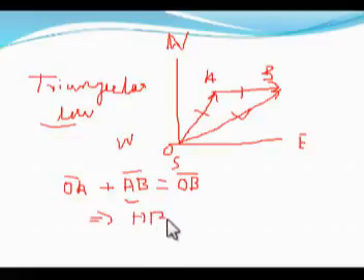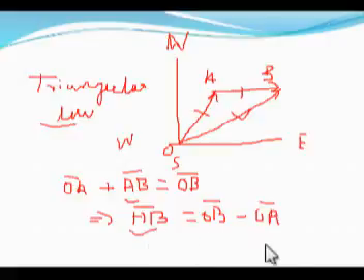So AB vector can be represented by OB vector minus OA vector. I hope you understood how a vector can be represented by its position vectors.